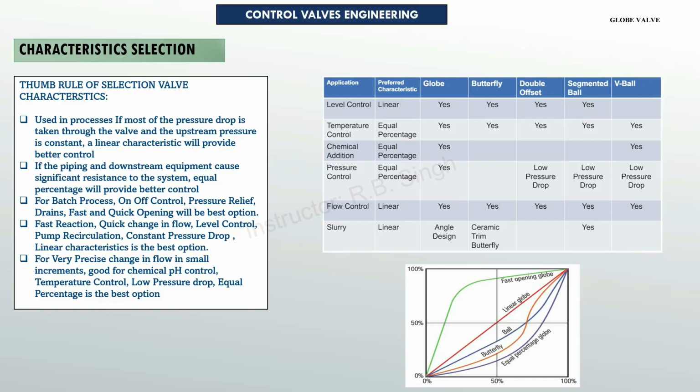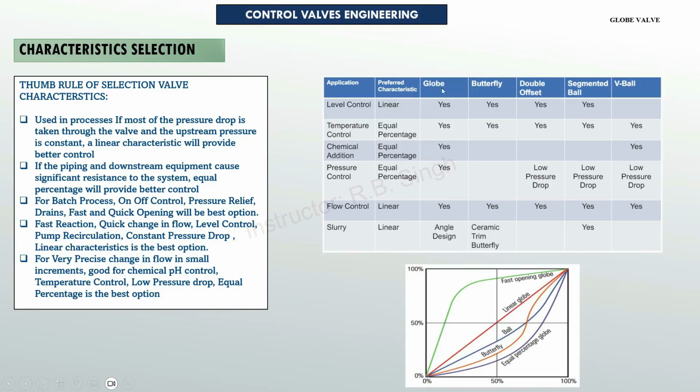The characteristics selection guide is here. If you have different scenarios while selecting the valve characteristics, then we can see in this table the applications like level control, temperature control, chemical additions, process control, pressure control, flow control, and slurry applications. The preferred characteristics are linear or equal percentage, as defined here.